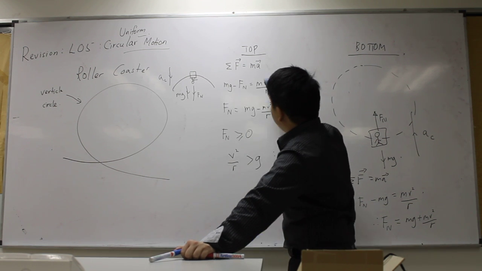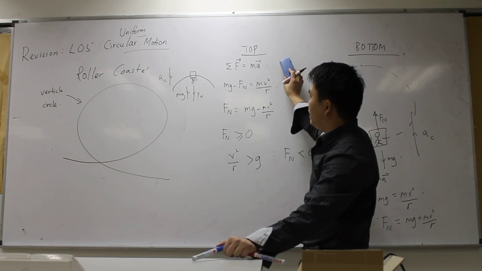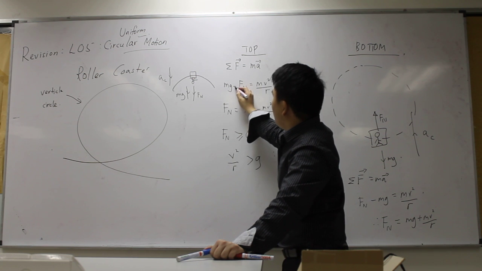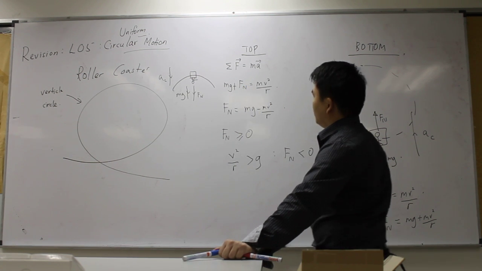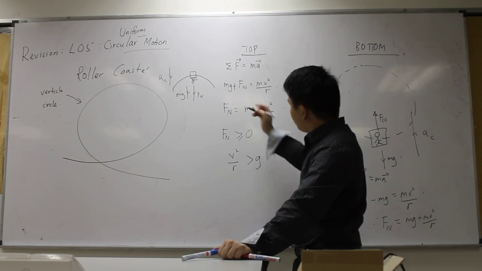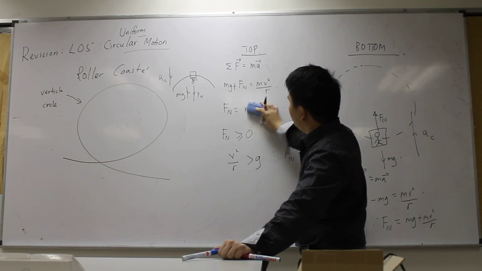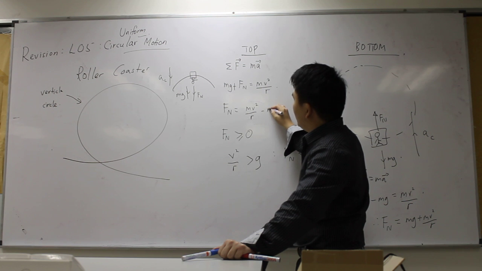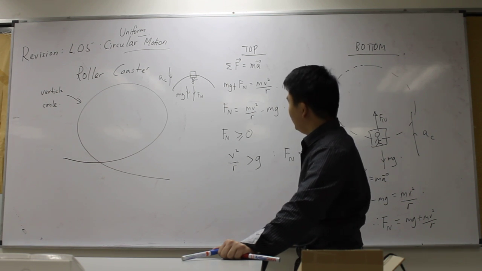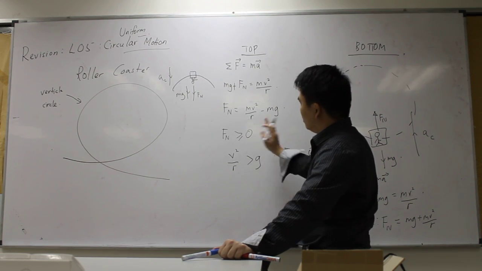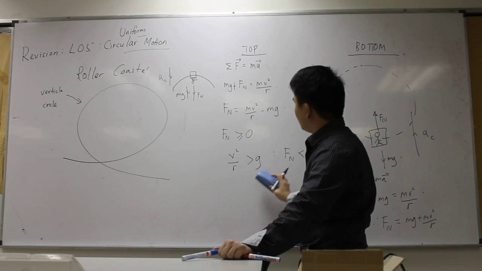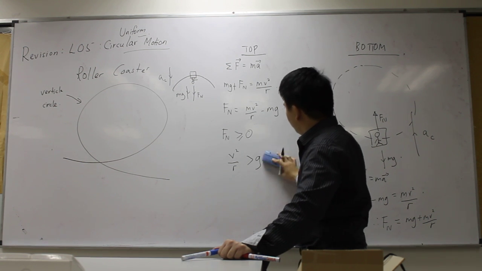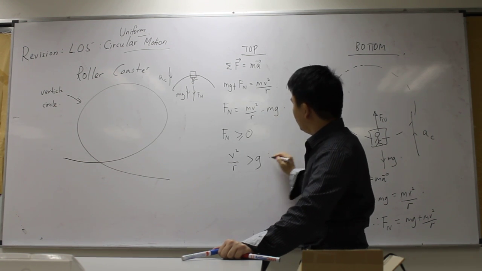So for this case, still the same, sigma F equal to ma. Then right now it becomes mg plus Fn. Therefore, Fn equal to mv squared over r minus mg. And from here again, Fn must be greater than 0, which means that v squared over r must be greater than g. Then only it is correct.